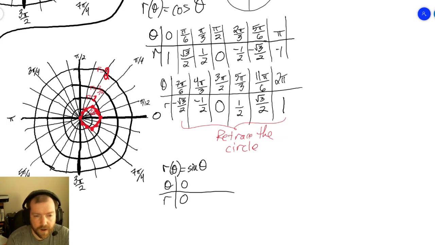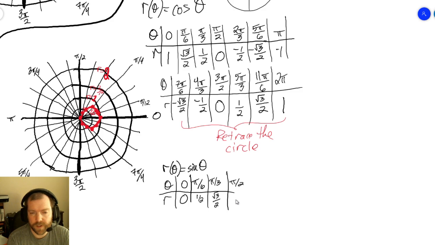Okay, and then pi over 6 is the vertical component to our 30, 60, 90 triangle, which is 1/2. Pi over 3 is 2 pi over 6, which gets us root 3 over 2 for the sine. And pi over 2 gets us 1 for the sine value here.